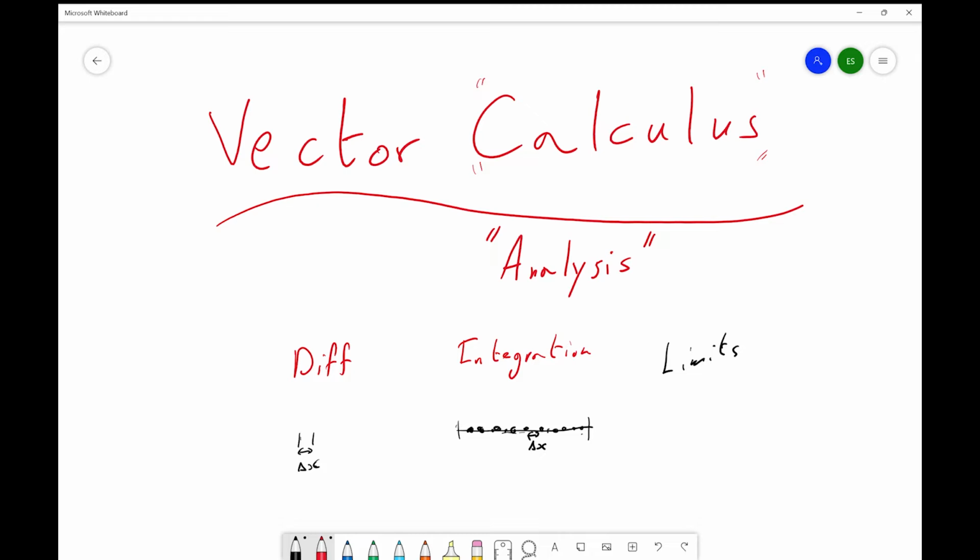I'm going to assume that you know calculus. I'm not going to do calculus from scratch here, but the idea is that for one-dimensional calculus on the real line, the entry point is either through differentiation or through integration.